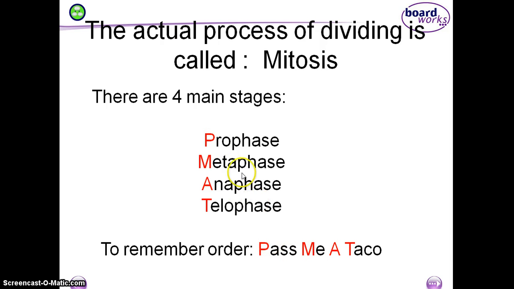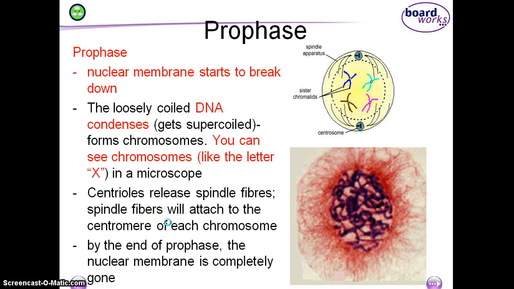The P in pass stands for prophase, the M in me stands for metaphase, the A in a stands for anaphase, and then the T in taco stands for telophase. So pass me a taco will help you remember the order, or you can just remember PMAT, whatever works for you. Okay, so let's go over the actual steps.